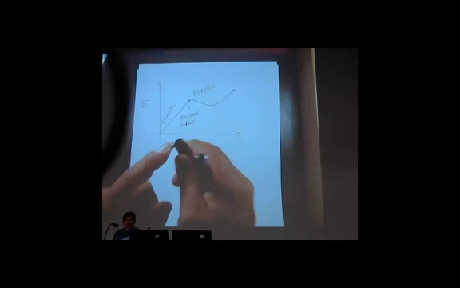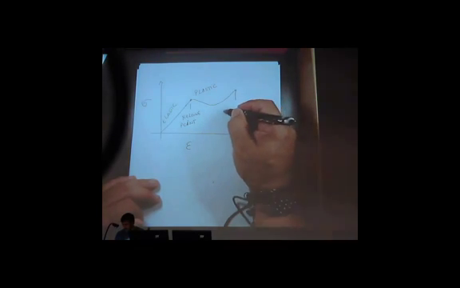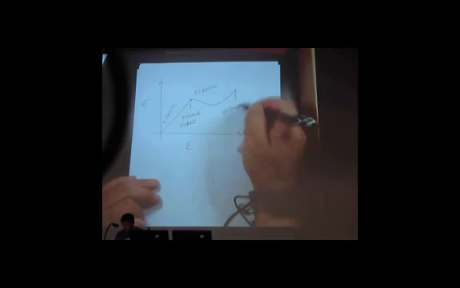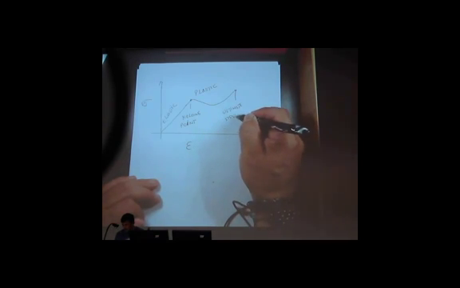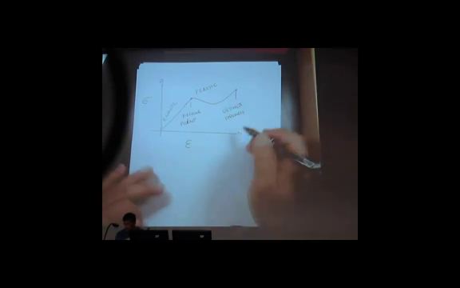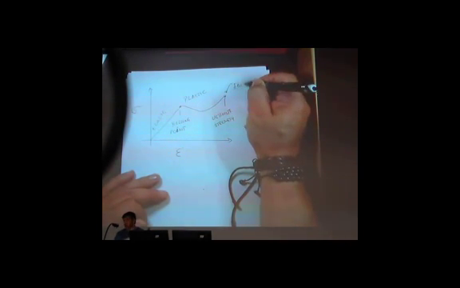If I keep applying a force, there will be a point at which the object will fail. That's the ultimate strength point, after which the object will fail or break. So mechanically we call it the point of failure.